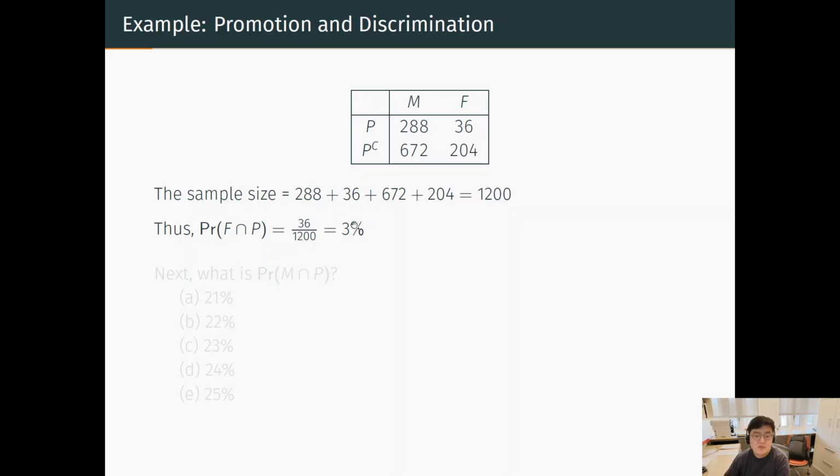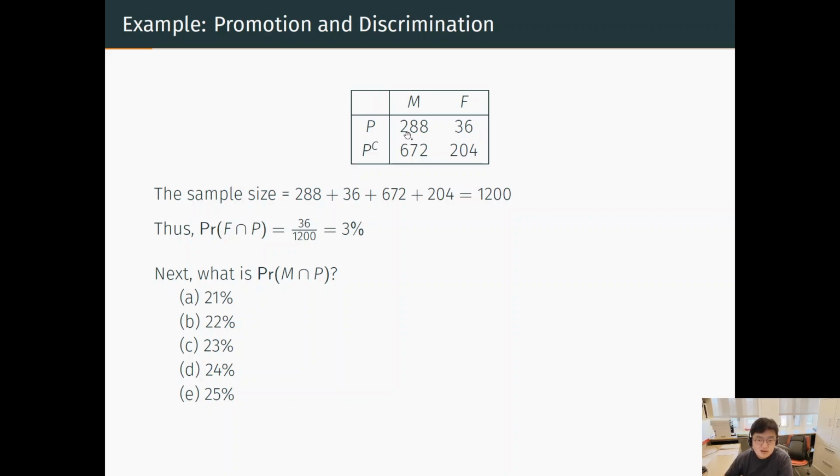Now you remind yourself what you learned in chapter 1. Pretty much the same question: what is the probability of M cap P, M intersection P? M stands for male, P for promoted. Again, pause the video if you need time. Let me show you the answer.